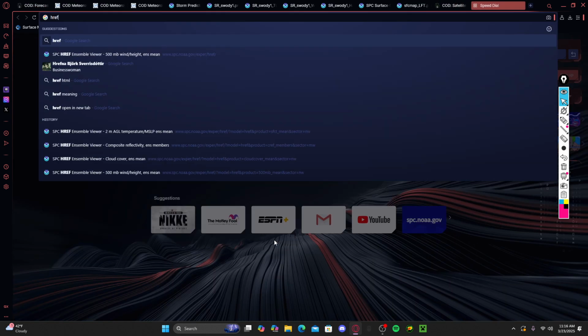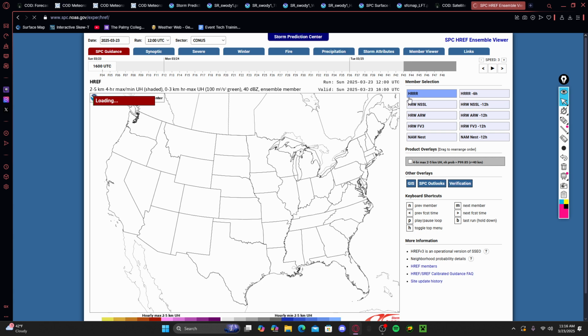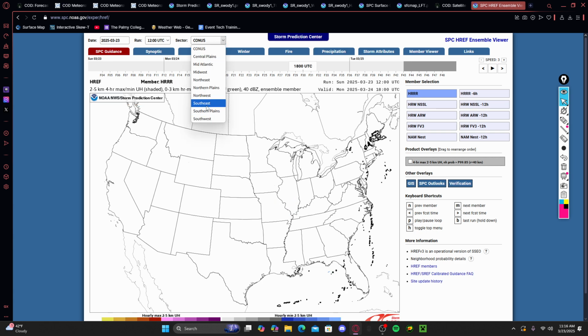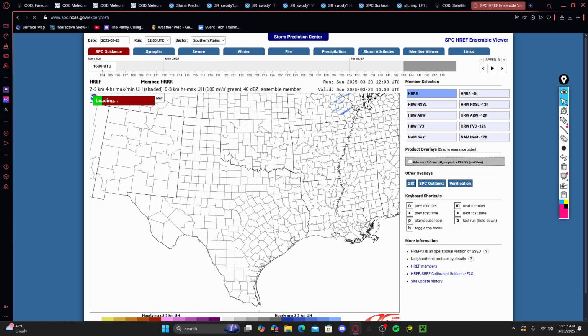Actually, this makes me curious. Let's look at the HREF. This is the high res ensemble forecast. I often use this just to see updraft helicity probabilities, which is really useful. So this takes into account 5 different models, or actually 10 technically, with 5 models and their past models there. Taking the southeast here. Scratch that. Let's go southern plains.